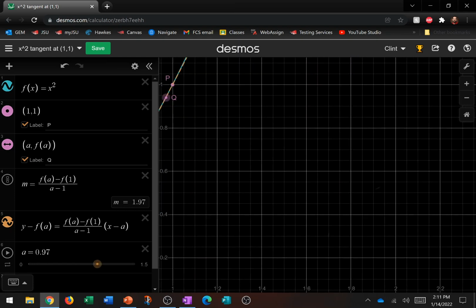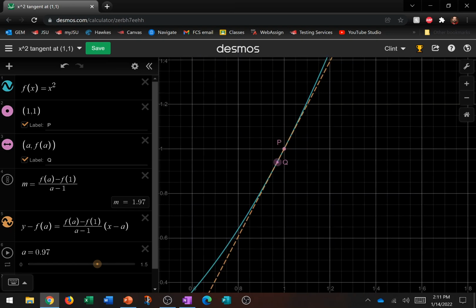If we get our two points really close together, we're getting a better and better estimate for what the slope will be when it only goes through P. Take a look at this spot right here. I've got this set up so that when my points move around, it gives us the slope of our secant line.